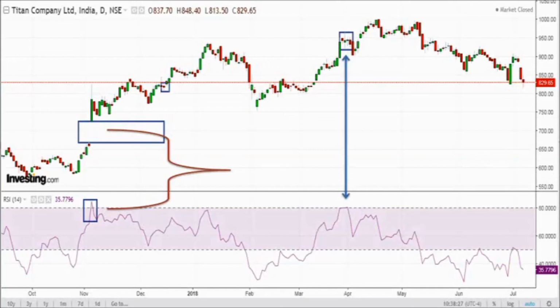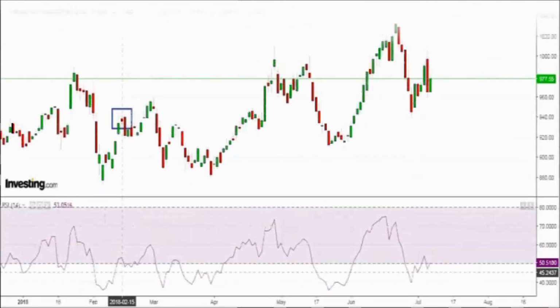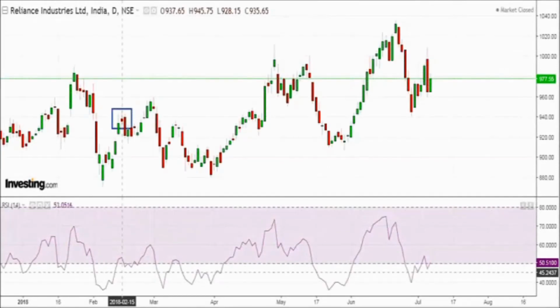Let's move ahead. The example I took over here is a proper sell. When you see the stock price, I got the proper sell setup. There was a doji, and on the very next day there is a big red candle, and it closed below the low which was formed by the doji. But you can see the RSI is at 50, meaning no buyers have entered the stock yet.